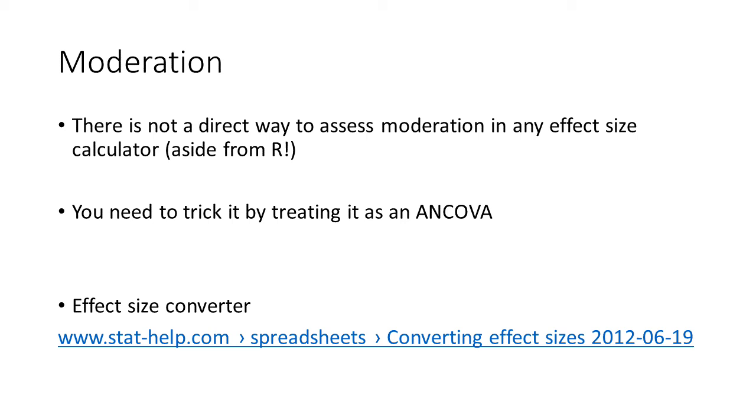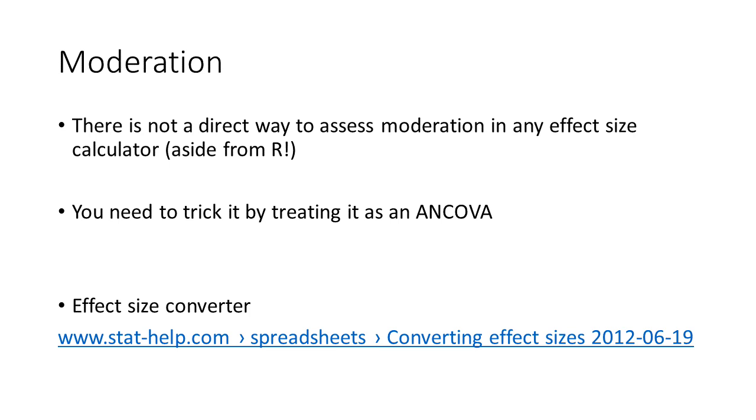Moderation is now easier because of advances in our ability to understand the regression model. Every single analysis of covariance you do, every single analysis of variance, every single t-test you're doing is using regression. It's just whatever stats processor you're using is hiding it. So SPSS, for instance, when you're running an analysis of variance, you're actually running a regression, and it's just hiding some of the regression stuff and making it look more ANOVA-y.